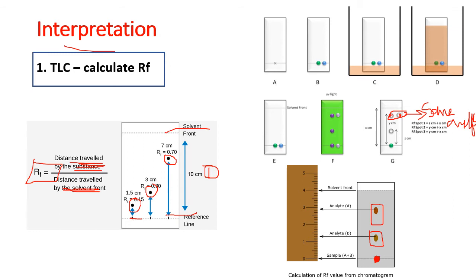I will say, here I have two samples, sample A and sample B. In sample A, I got two different analytes, but in sample B, I got just one analyte. So this is the first interpretation. The second interpretation, since I have two analytes having the same RF in A and B, then A and B would have the same analyte in both of them. So this would be your interpretation.